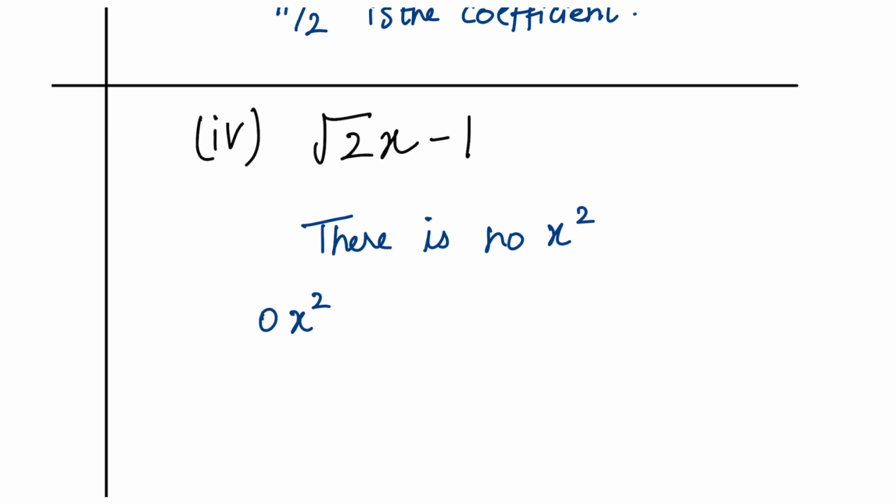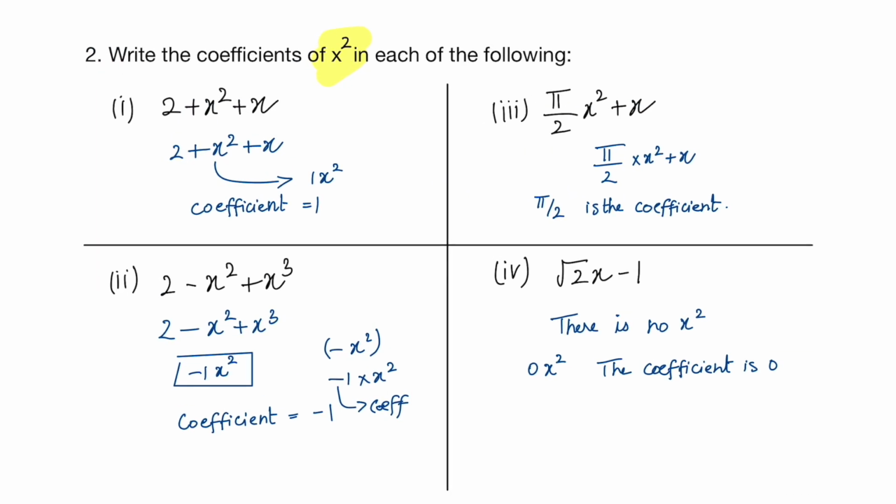So the coefficient of x squared is 0. Okay, I hope you got it. It's very simple. The coefficient of x squared is 0 because the term x squared doesn't exist here. Only if the coefficient were 0, the term would disappear, right? It disappears because of the coefficient.